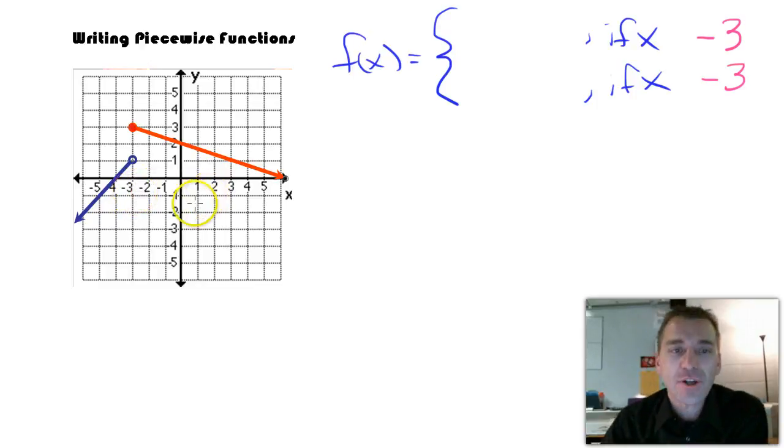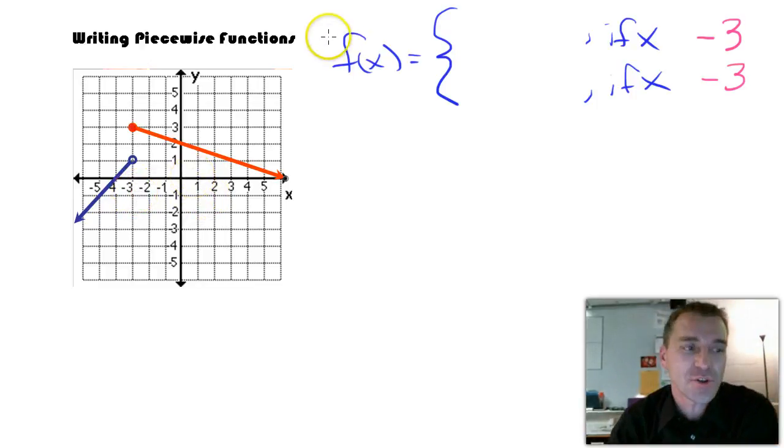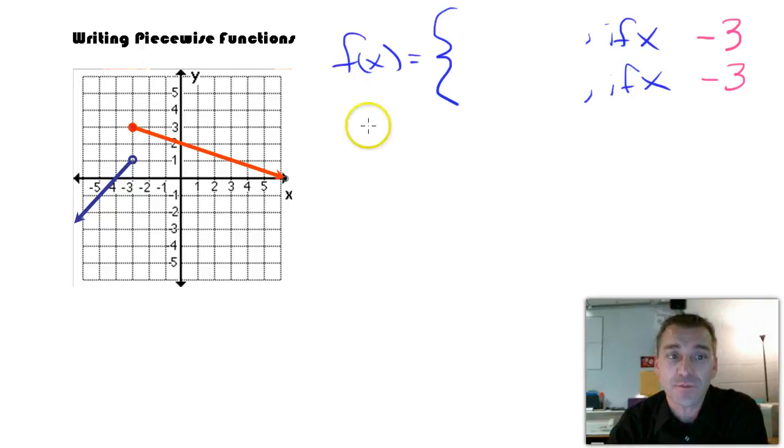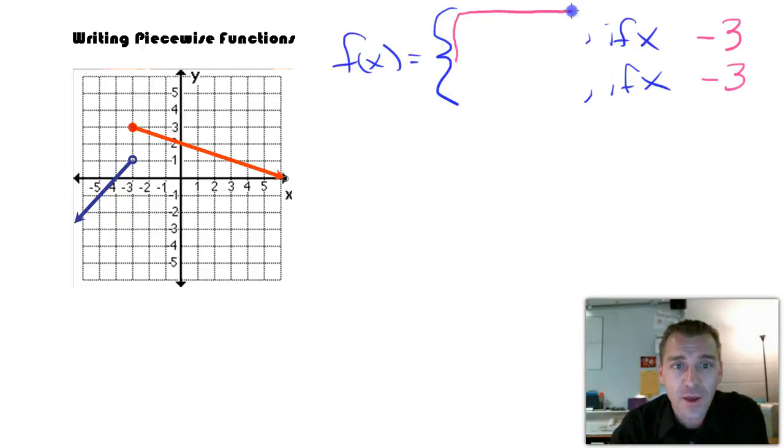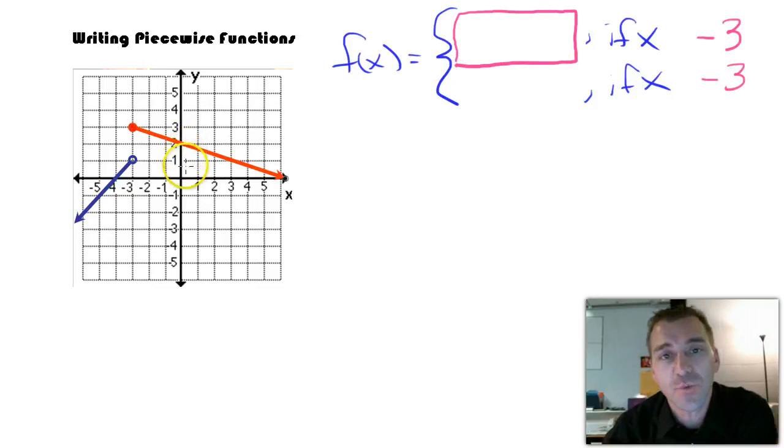Now, I'm going to show you in this example, there's two kind of systems of thought of doing this, but the goal is this. We have to write up here the equation of one of these pieces of this piecewise function. I'll do the easiest one first. And the easiest one happens to be anytime you have a particular piece of the function that goes right through the y-axis.